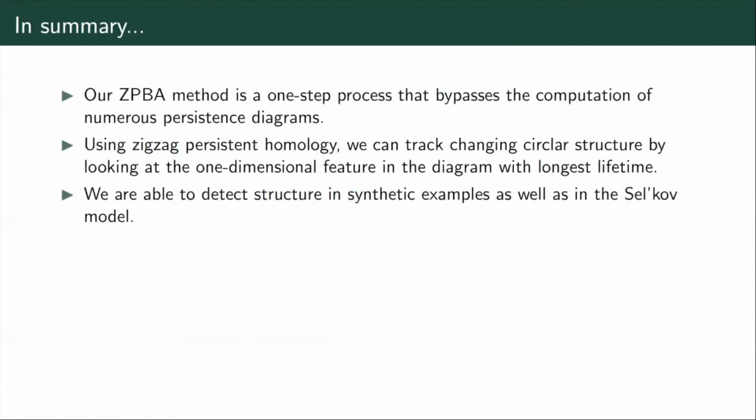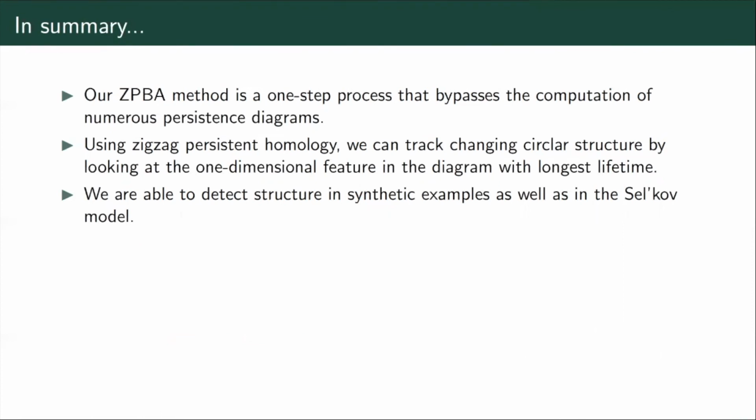So in summary, our ZPBA method is a one-step process that bypasses this computation of numerous persistence diagrams. What we mean by one step is that you don't have to compute persistence multiple times. You're just computing one persistence diagram that is summarizing the topological information for the entire sequence of point clouds that you started with.